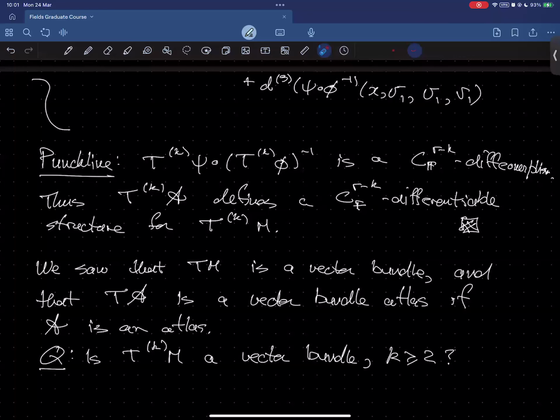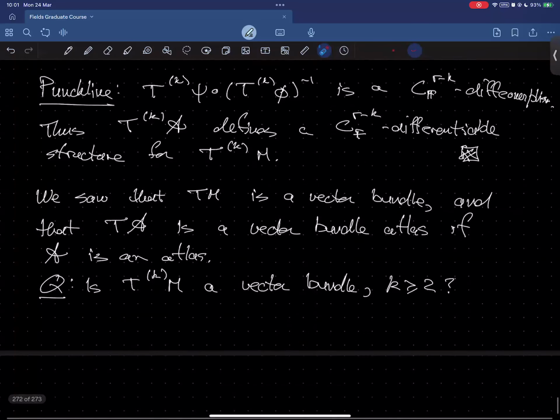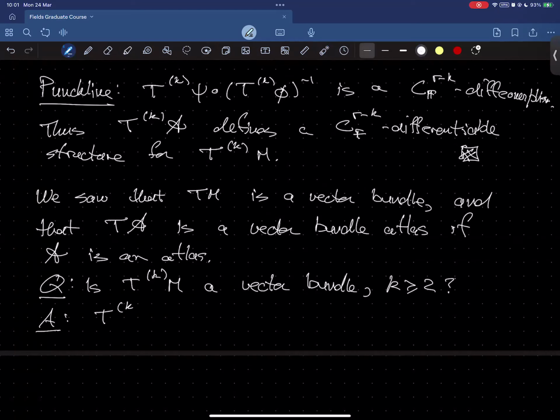Okay, good. And so the structure of T^k M when k is greater than or equal to 2 is a little bit more complicated. Let me answer the question like this. This is not a vector bundle atlas for k greater than or equal to 2.